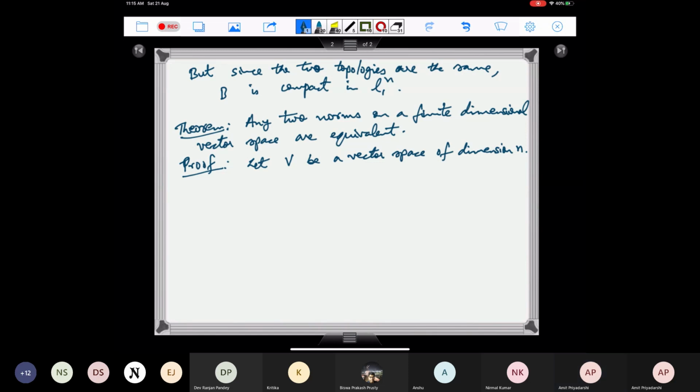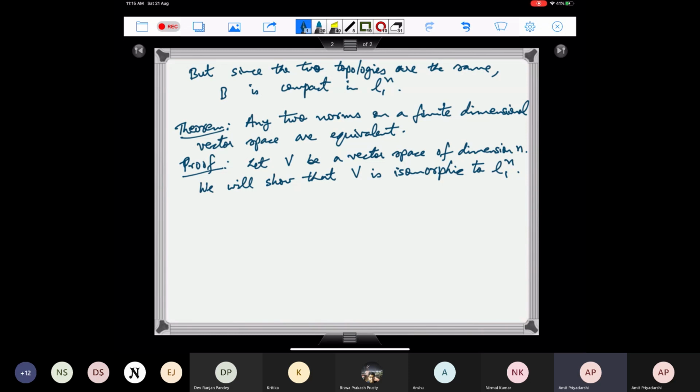We will show that V is isomorphic to L1n. As a vector space, you know that if you have a vector space of dimension n, then it is isomorphic to Fn.